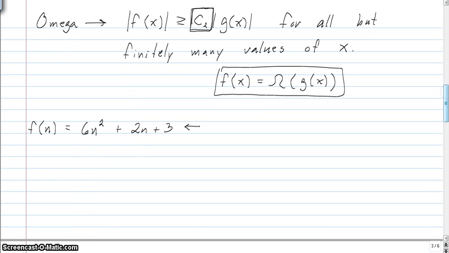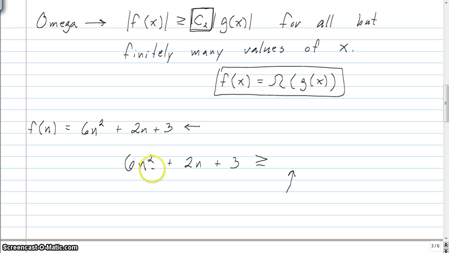So what I'm going to try to do is figure out something that this function is always greater than or equal to. Right, so again, on this side of the inequality, I can write anything I want as long as I know for sure that it is less than or equal to what's over here on the left.